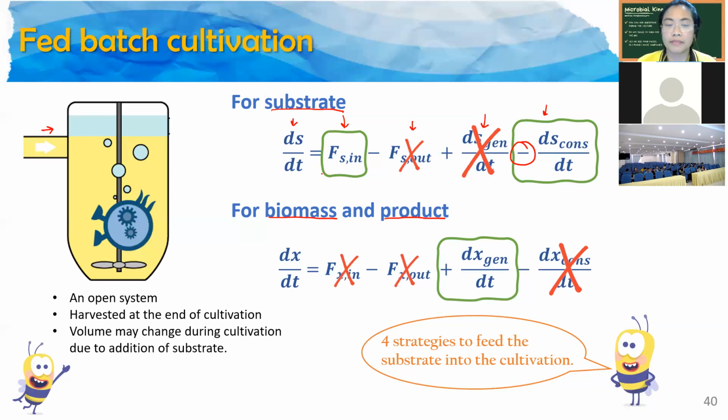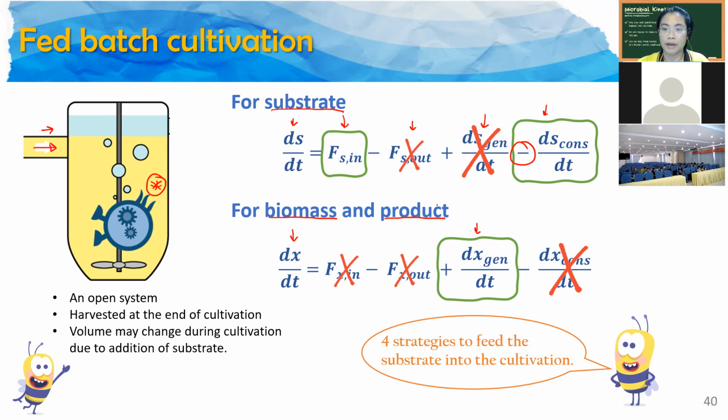Similar concept for the biomass and product. I only give an example of the biomass here. The change in biomass depends on only one term, so what happened in the fermenter only. Because in this feed line, you don't normally have biomass feeding in. You often feed in substrate or media to supply more into the fermenter.